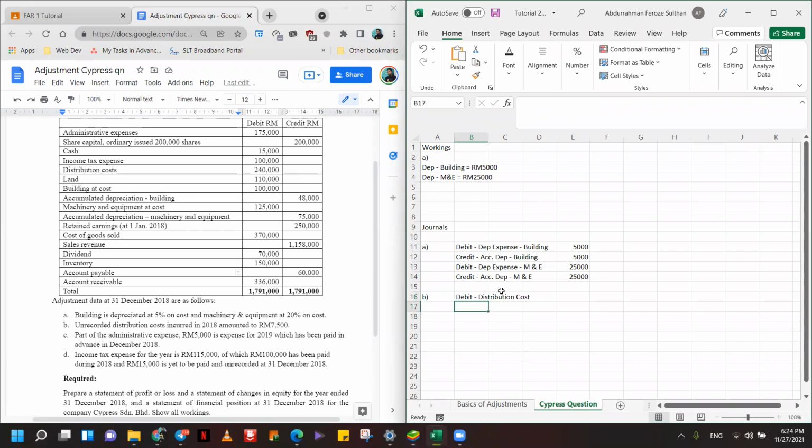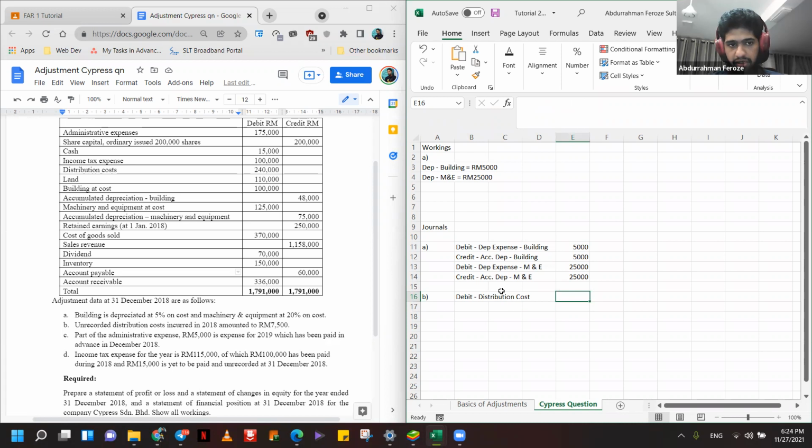And then what should be credited? Is it cash? No, because it has not been paid, right? It would be safer to put it as credit distribution cost payable.